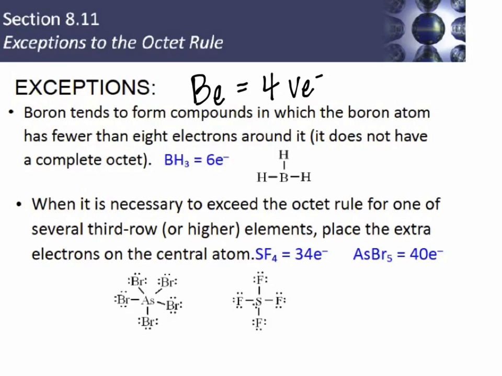They will have 10 or 12 valence electrons available by just expanding that octet, okay? So we're going to do a couple of these and talk about them. Sometimes the math doesn't work out, and when the math doesn't work out, that's when you know I'm dealing with a special circumstance. I'm probably dealing with an expanded octet, okay?